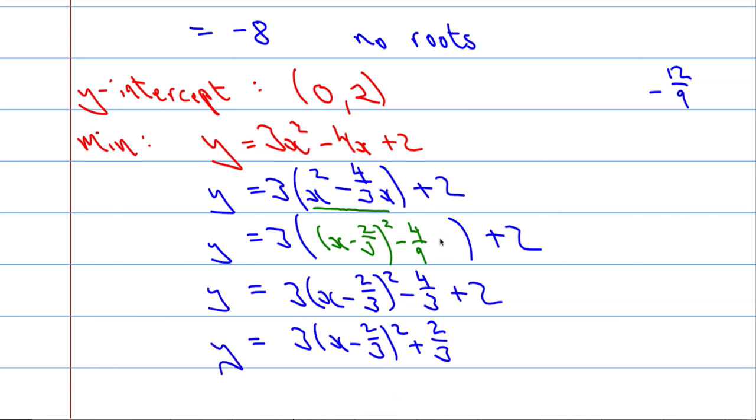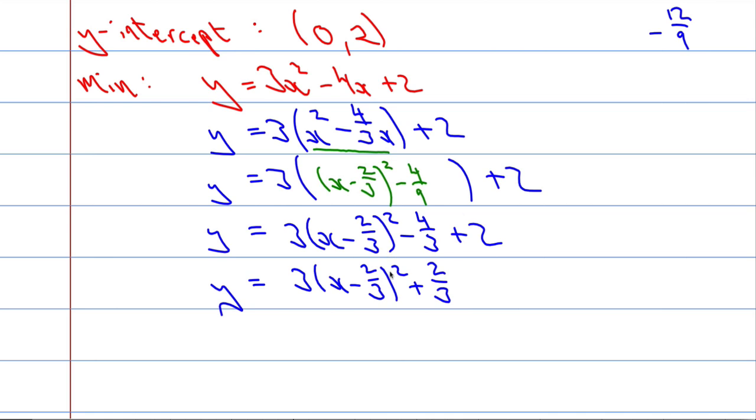So the minimum value, I just need a number to make this part 0, and that would be 2 over 3. So the minimum is going to be when x is 2 over 3, y will be 2 over 3.